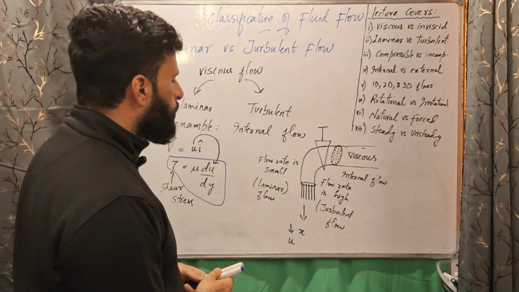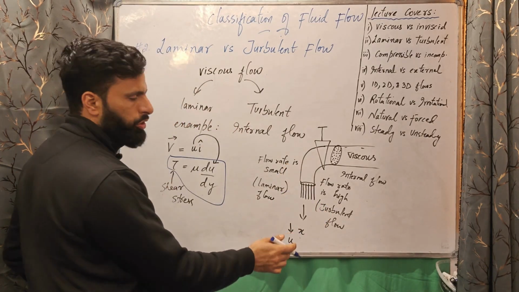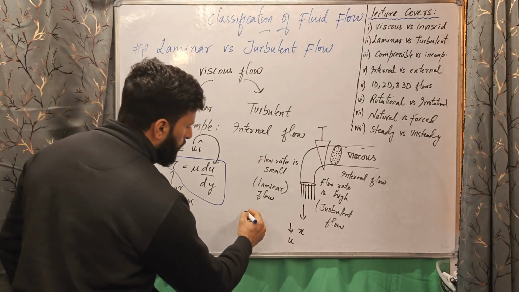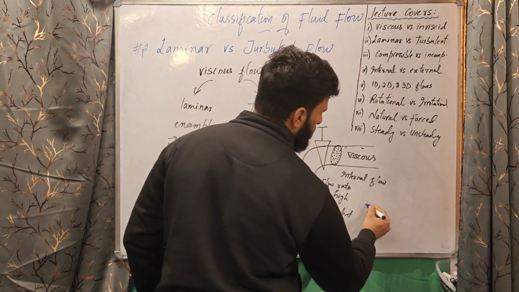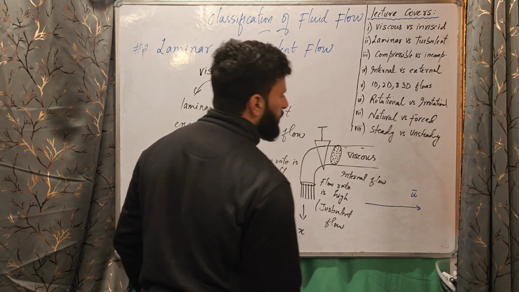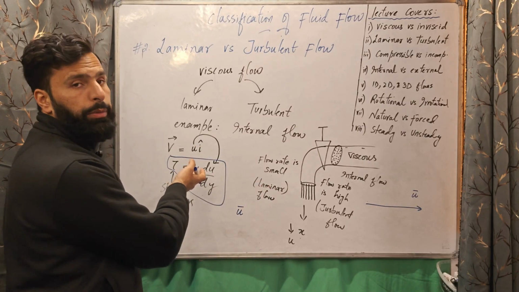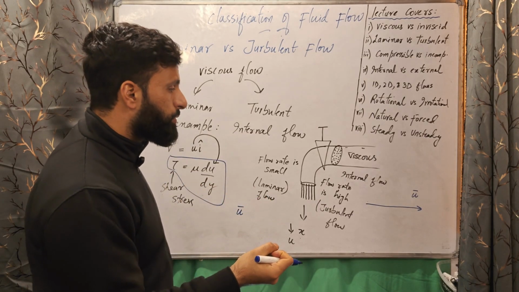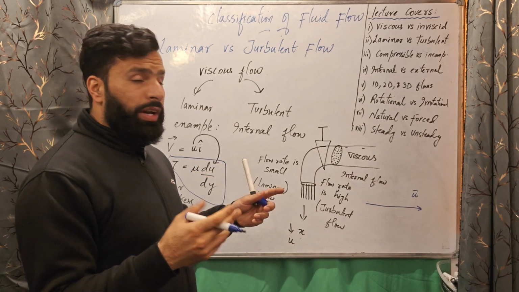Now if we talk about the turbulent flow, if the same flow is turbulent, there is definitely a one dimensional velocity component, but that's the mean velocity component. It is something like this. It has a mean velocity component u bar. It is not smooth as laminar. It is highly chaotic motion, turbulent motion. The fluid particles mix with each other. And why do they mix with each other?